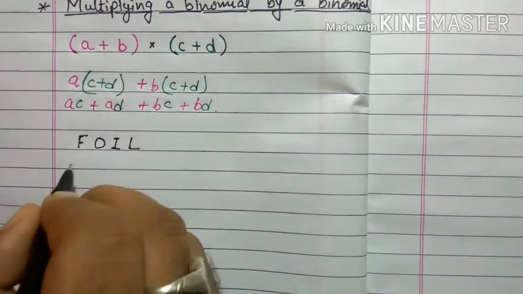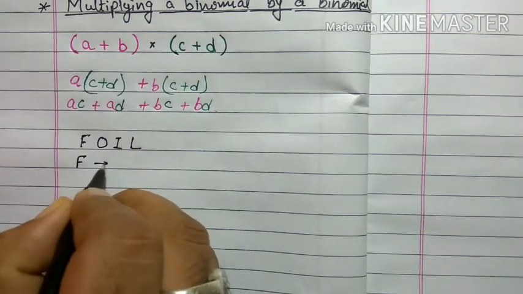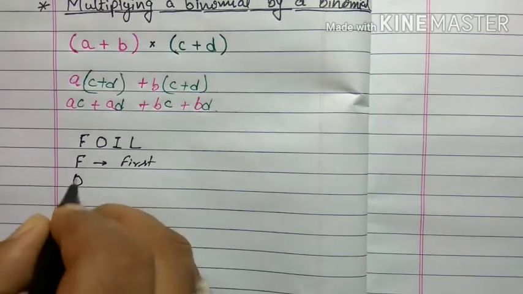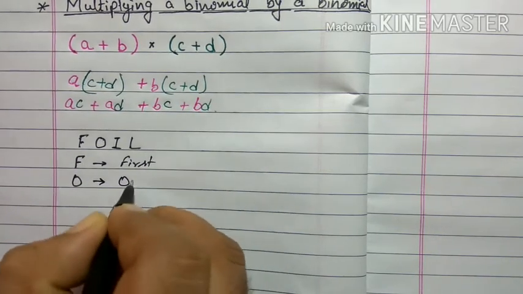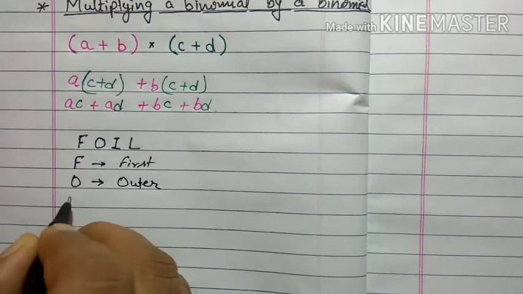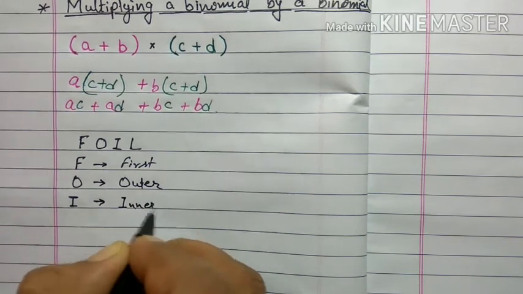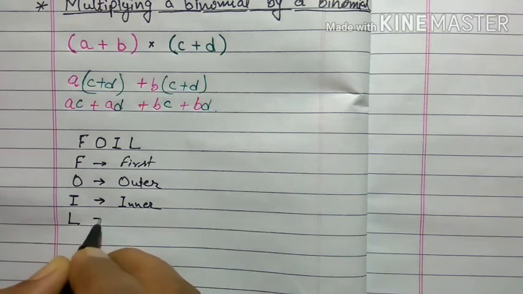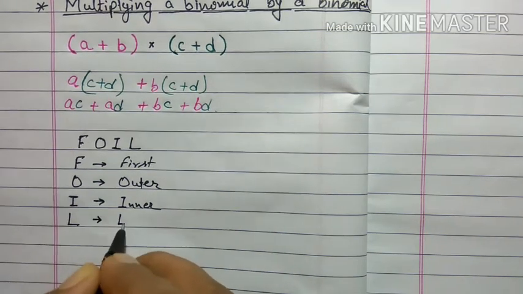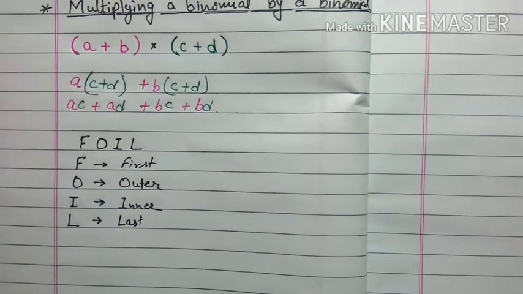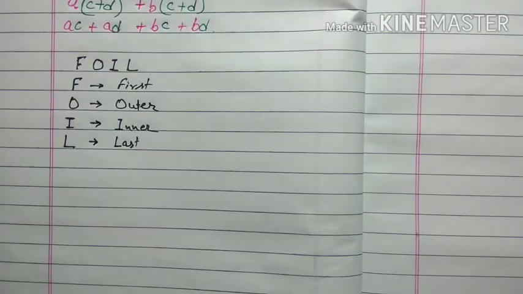F stands for first, O stands for outer, I stands for inner, and L stands for last. First, outer, inner, last. So how to use FOIL in this type of product, binomial by binomial?